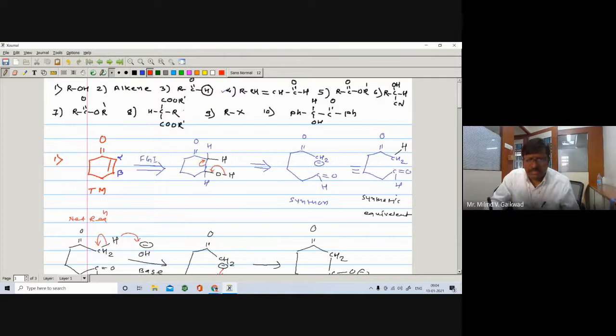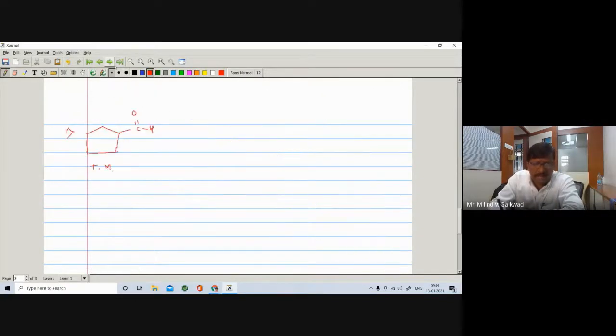If you see the list, you will see that it is under category number 3, that is aldehyde or ketone. You are having this example, so it is an example of aldehyde or ketone. For this one also you have to carry out FGI, functional group interconversion. How can you prepare aldehydes and ketones? By oxidation of alcohol.